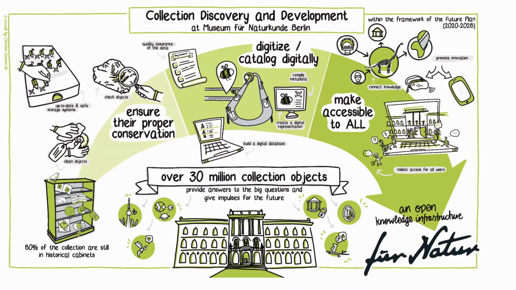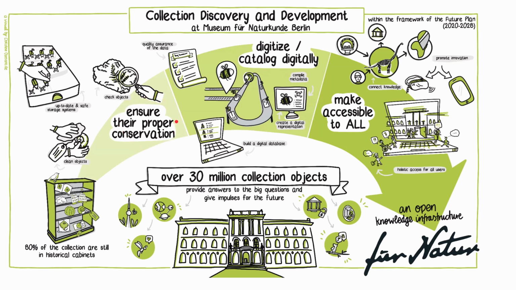So the mobilization of this data from the collection labels is actually part of a bigger process, of the process of collection discovery and development at the Museum für Naturkunde. And it's not only about digitizing information, but it's also about ensuring proper conservation.